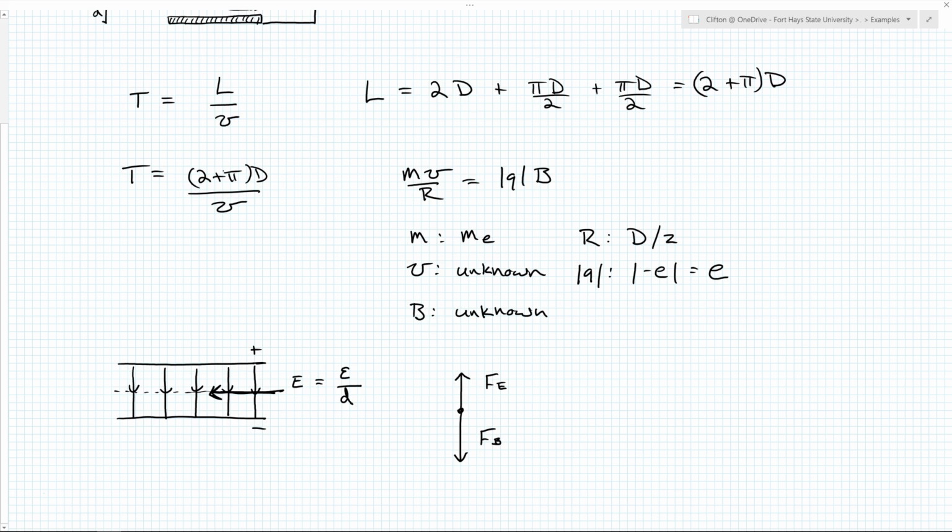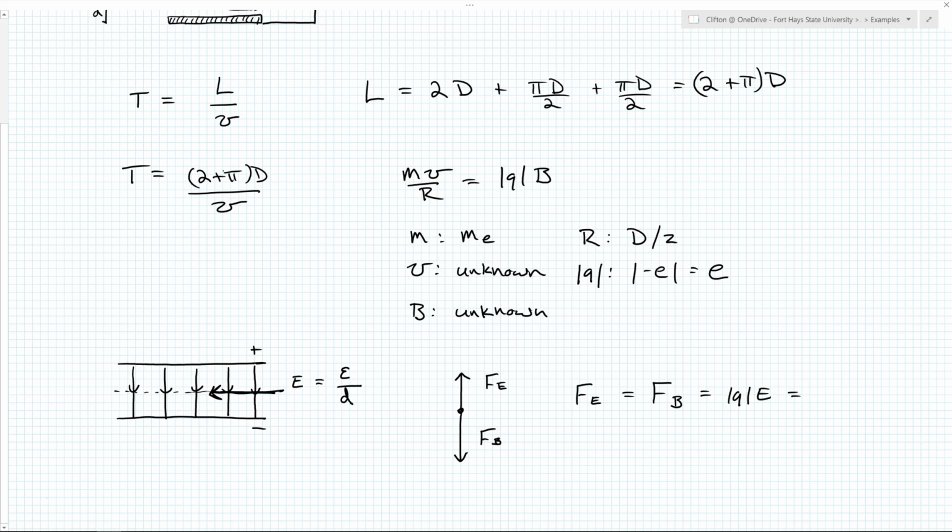What we do need to do, though, is try to relate the velocity and magnetic field strength together, and we can do that with this setup here. So remember from the first example that the magnitude of the electric force has to be equal to the magnitude of the magnetic force. We know what the magnitude of the electric force is. It's the absolute value of the charge times the electric field strength.